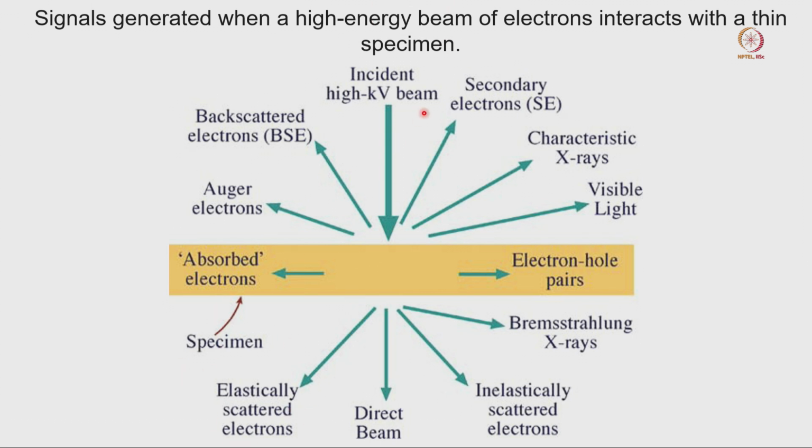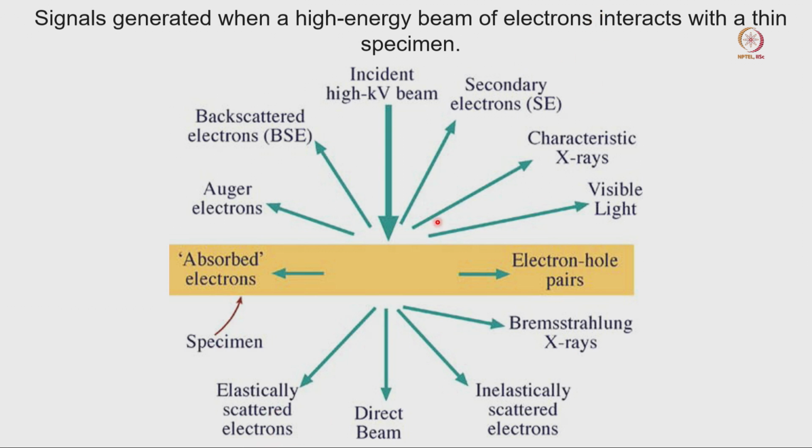Now, we have to remember that whenever we have an electron beam, we are always considering that it is a coherent electron beam. So, if there is no energy loss of that electron, it will come out from the sample and be a coherent elastically scattered electron.